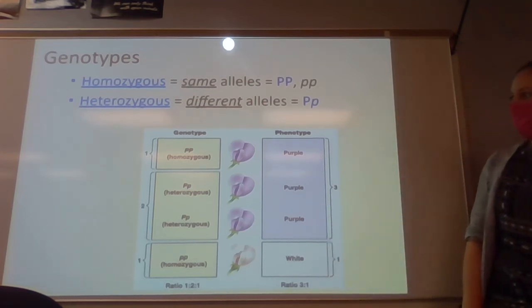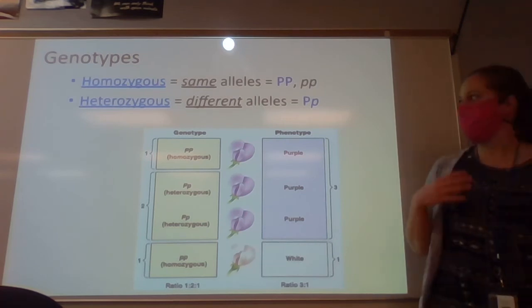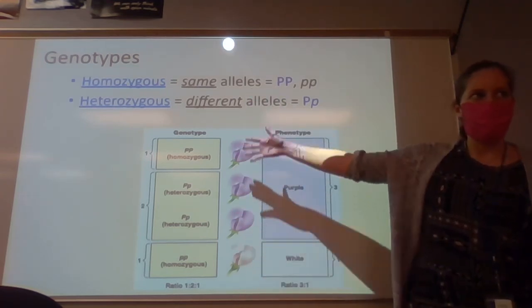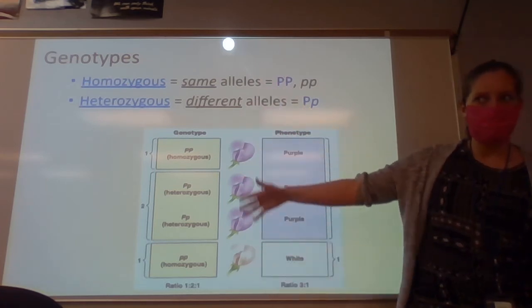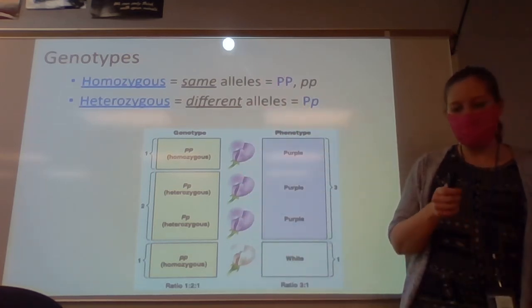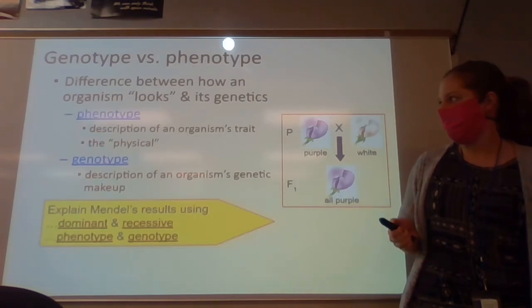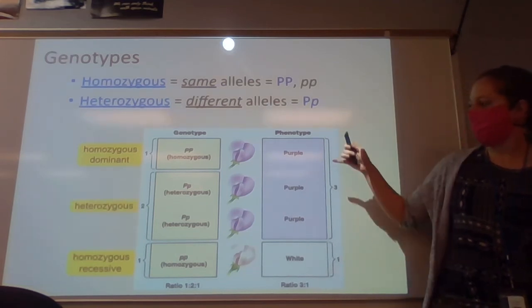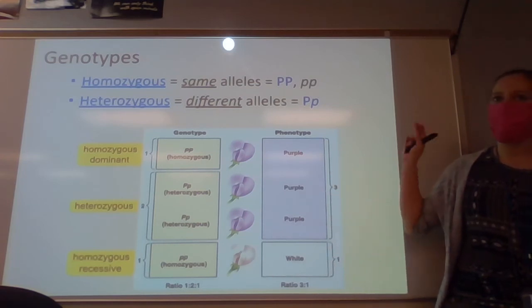So if we take a look at Mendel's pea plants again, how many potential genotypes do we have? Three, right? Three different genotypes. Homozygous dominant, homozygous recessive, or heterozygous. How many different phenotypes do we have?